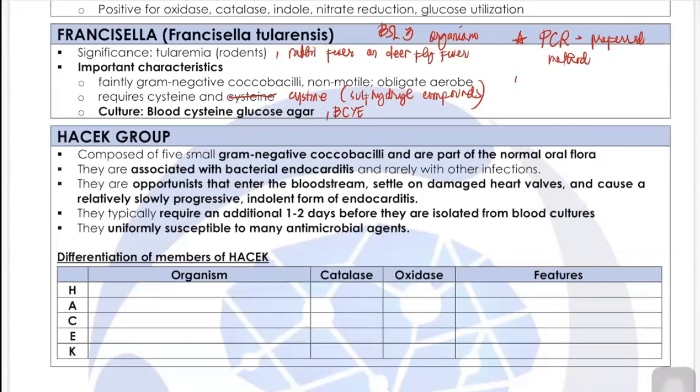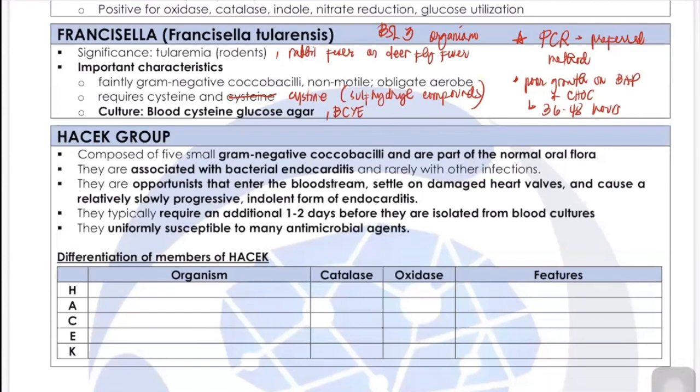So take note: poor growth on blood agar plate and on chocolate agar plate, and they need to be incubated for around 36 to 48 hours. Again, I emphasize PCR because that is a recall question. What is the preferred method for the diagnosis of Francisella tularensis? Take note, that would be PCR.